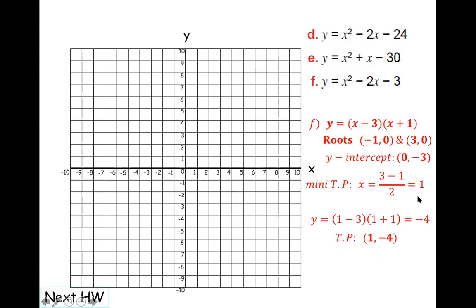So I've got my 4 points. You just plot them, plot the y-intercept, put 1, -4 as your last point, and you just draw your graph. So that was how you would sketch if you're given a quadratic: finding your roots, your intercept, and your turning points.